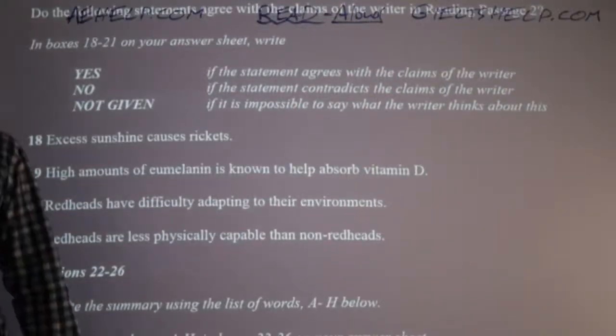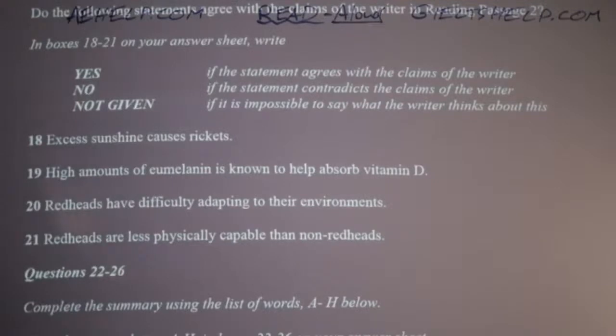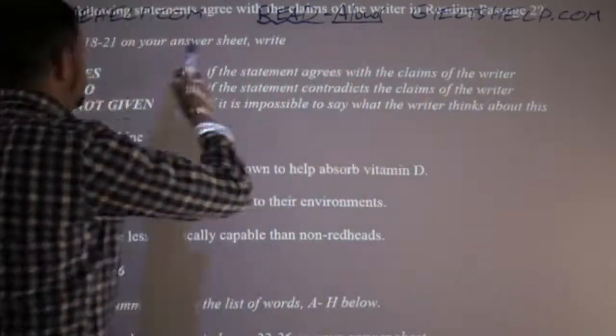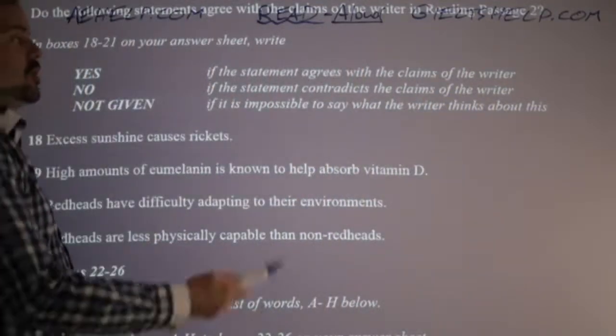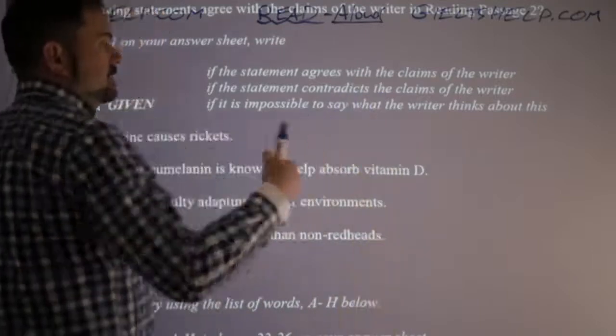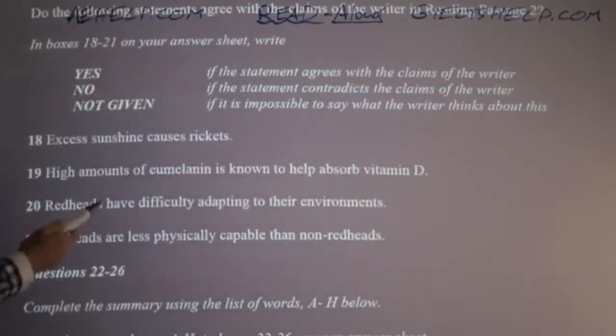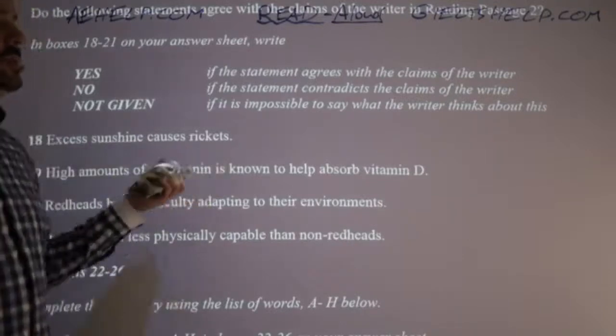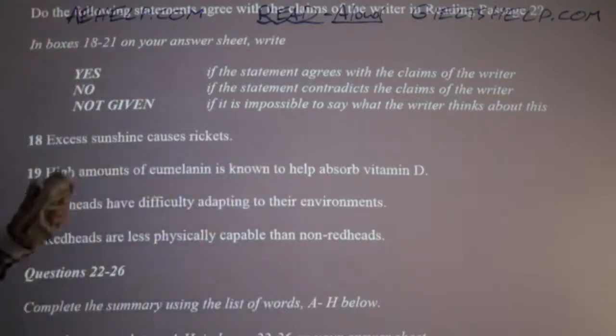Okay, now we shall answer these yes, no, not given questions. If the statement agrees with the writer, it's a yes. If the statement contradicts, is the opposite, or does not agree with the writer, then it's a no. And if we cannot figure out what the writer's thinking about that statement, then it's a not given.